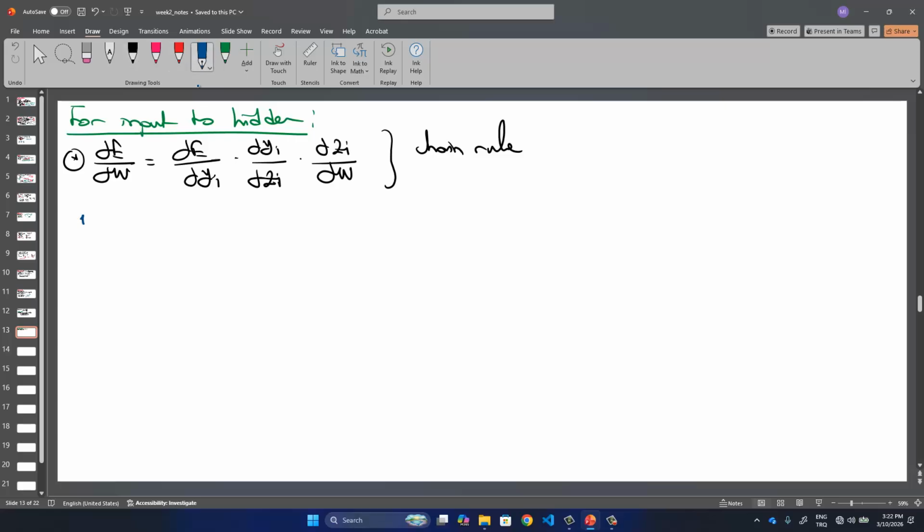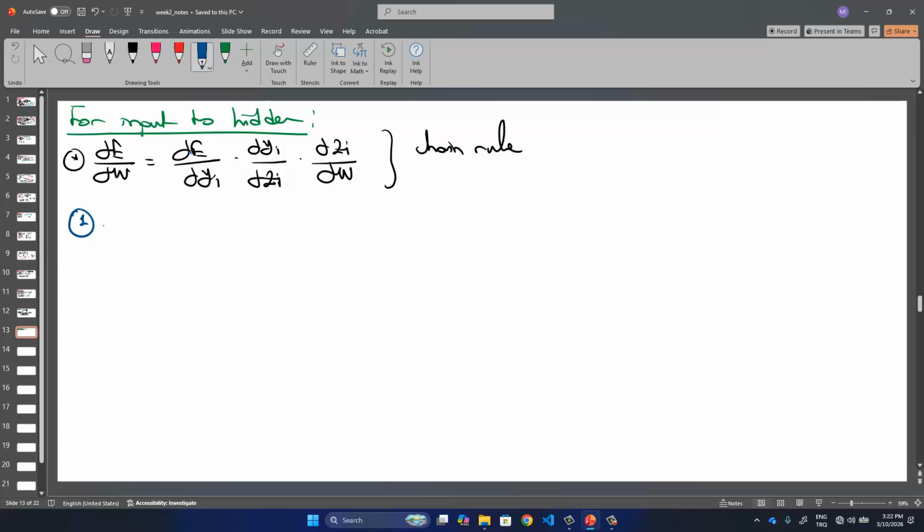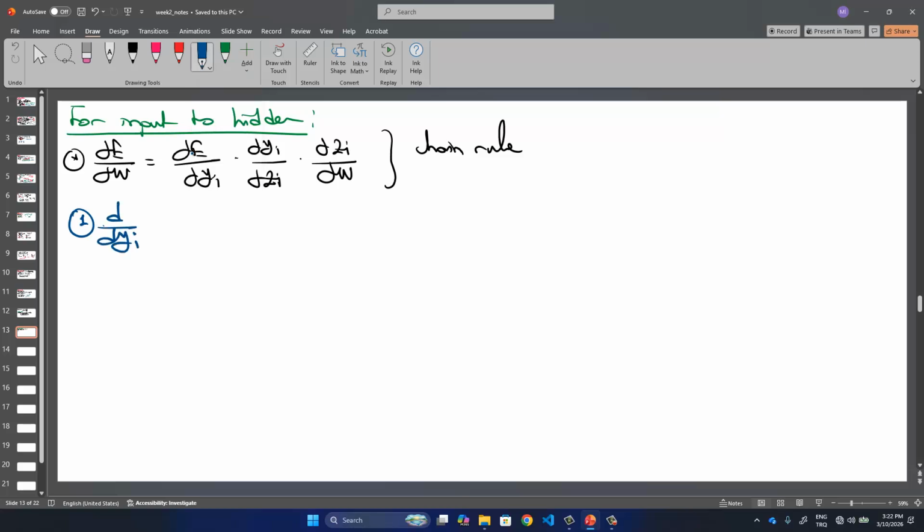So, for the first term, we can write dE over dy. And so, that is the derivative of 1 divided by 2 times the sum of (r^t minus y^t) squared, which is equal to the what?